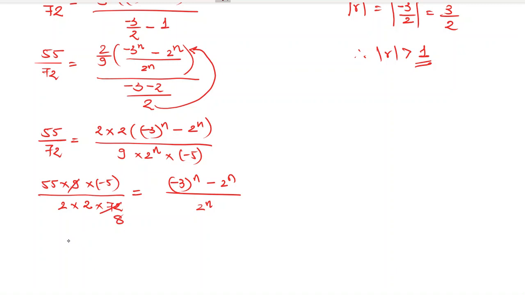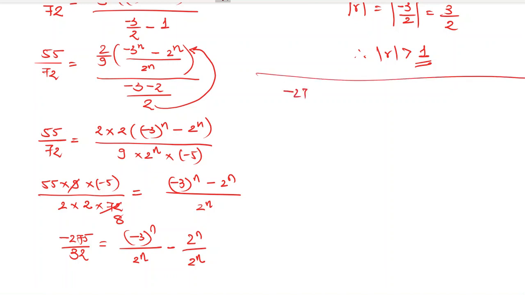So 55 5s are 275, so minus 275 upon 2 2s are 4, 4 8s are 32. Okay, so this is what we are getting on the left hand side. Here minus 3 raised to n upon 2 raised to n minus 2 raised to n upon 2 raised to n. Let's continue over here.